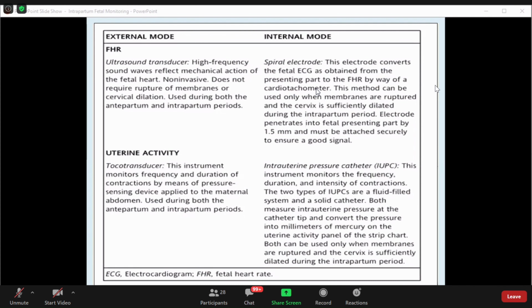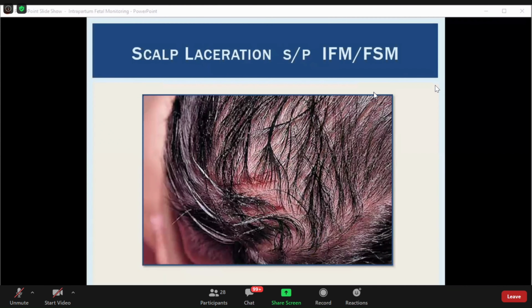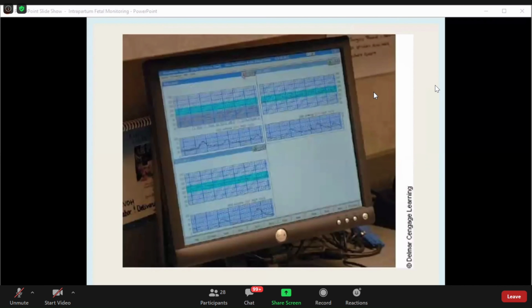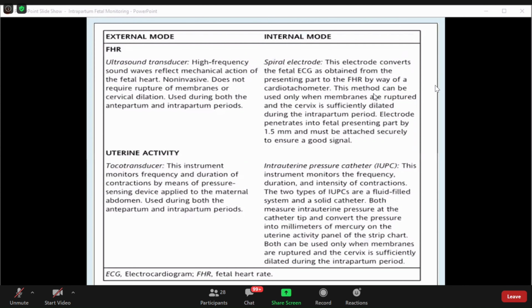So internal monitoring: again, you've got two patients that you're monitoring. If the mom is in labor, you need to monitor the contractions, but you also need to monitor how the fetus is tolerating the stress of labor.